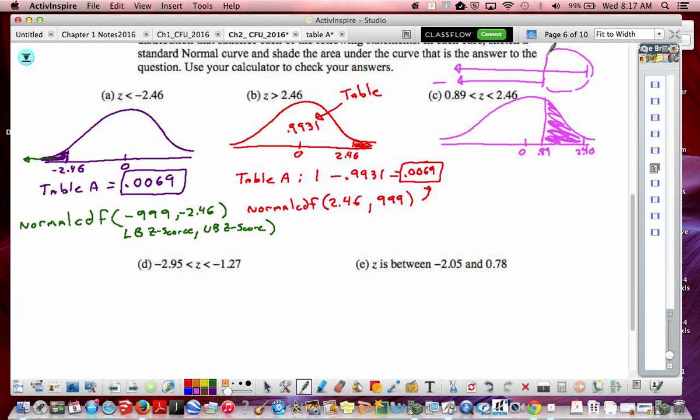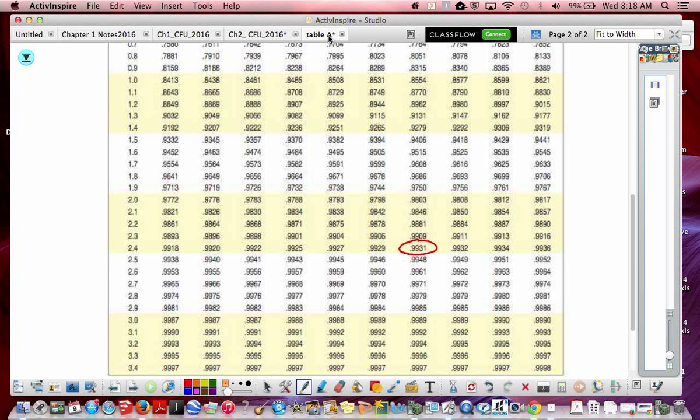So you have to get 2 values from table A. The nice thing is the first one is done for us, because if I go back to the last one, 0.9931 was from 2.46 or less. So I'm going to put that one already on here, but I need to subtract out all of this area. If I go to my table A, I'm looking for 0.89.